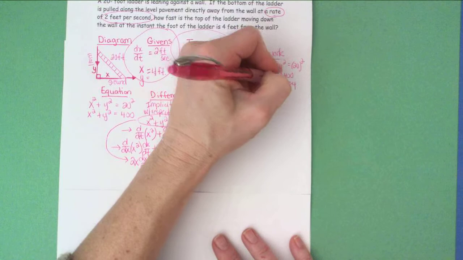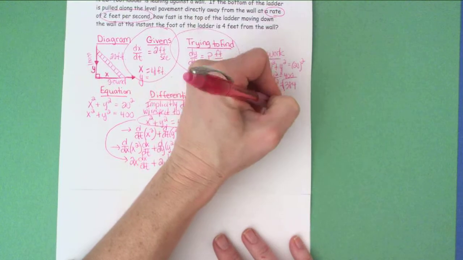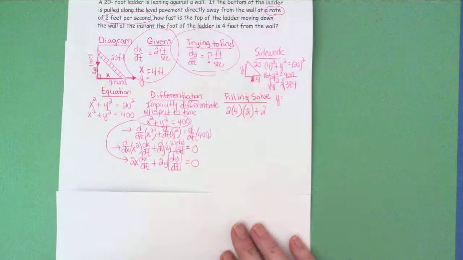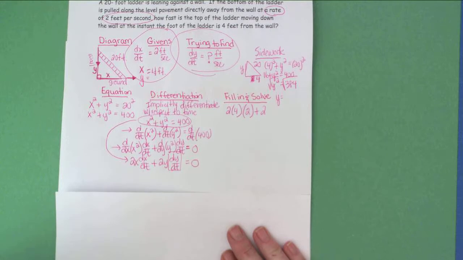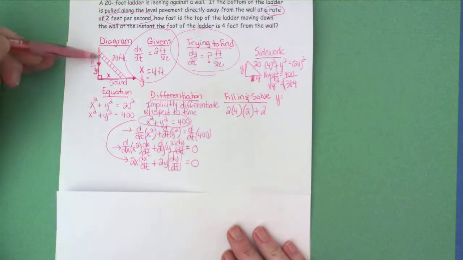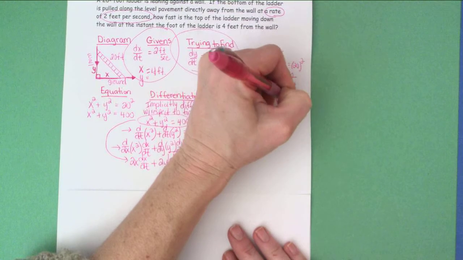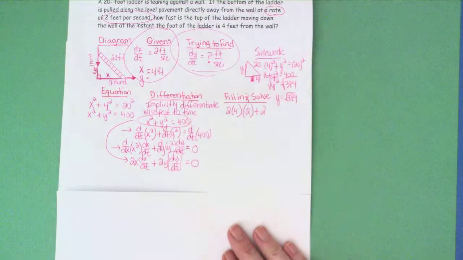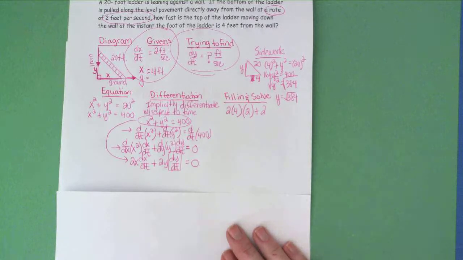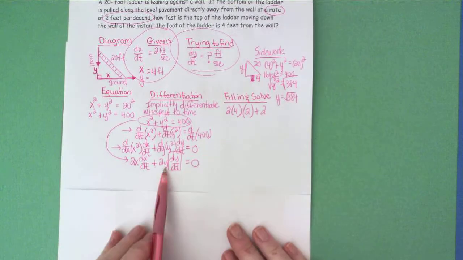And if I square root, y would equal plus or minus the square root of 384, but that wouldn't make sense since y is a distance here. Negative wouldn't make sense, so I'm just going to go ahead and say y is the positive square root of 384.